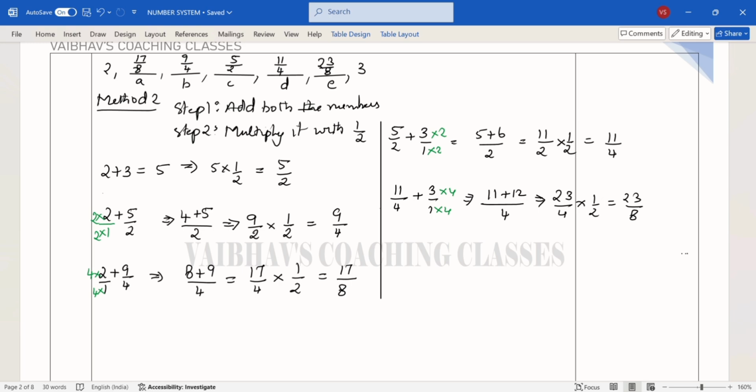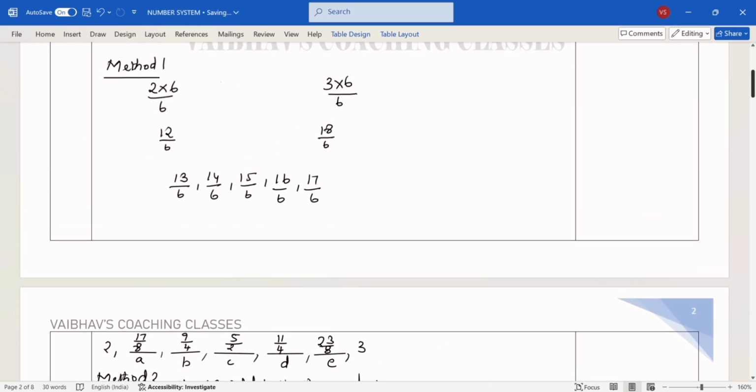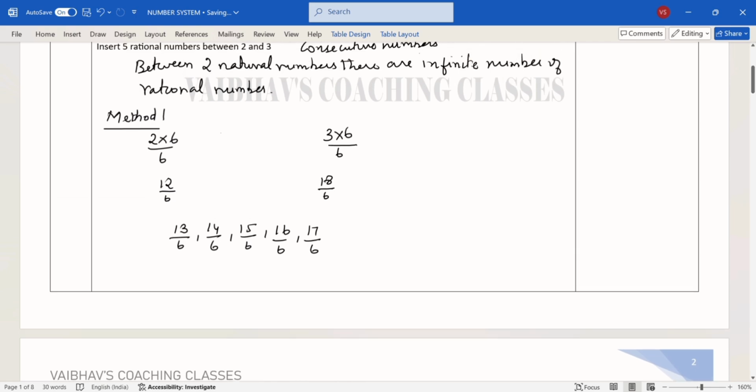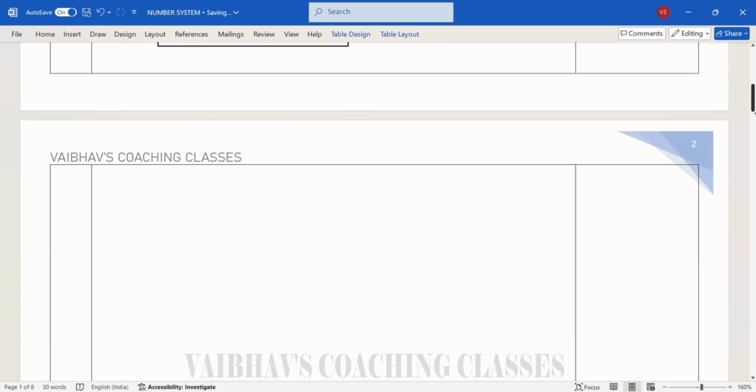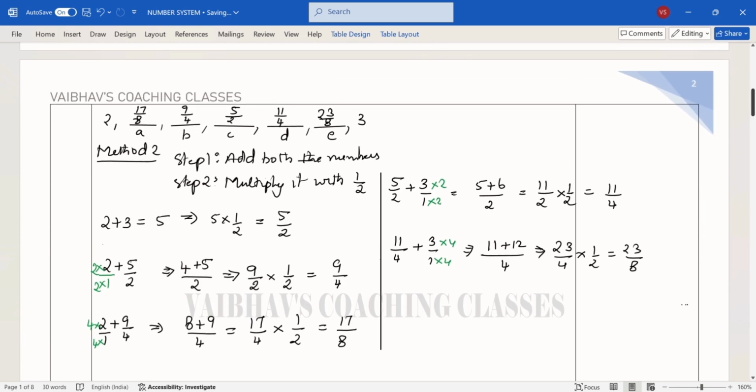So here in step 1 and step 2 you would notice something, that in method 1 we found 5 rational numbers, 13 by 6, 14 by 6, 15 by 6, 16 by 6 and 17 by 6, which are completely different when you compare this with these numbers, that is 17 by 8, 9 by 4, 5 by 2, 11 by 4, 23 by 8.